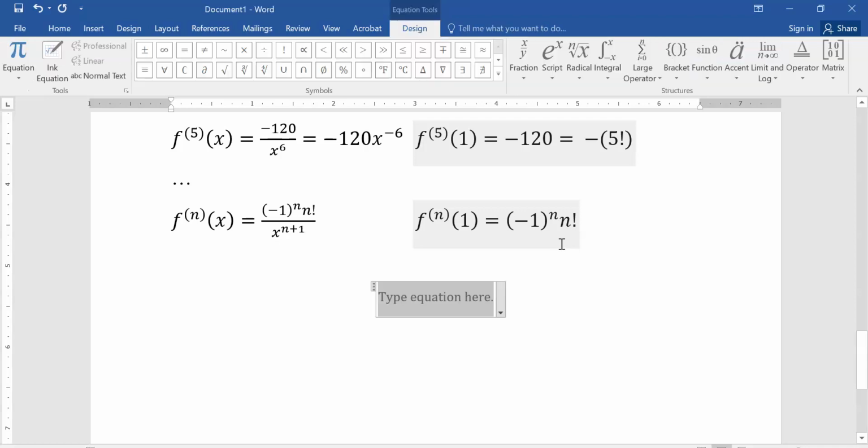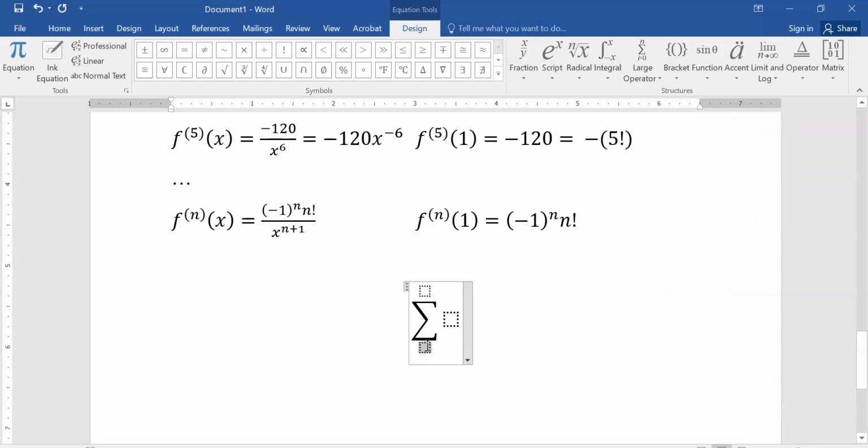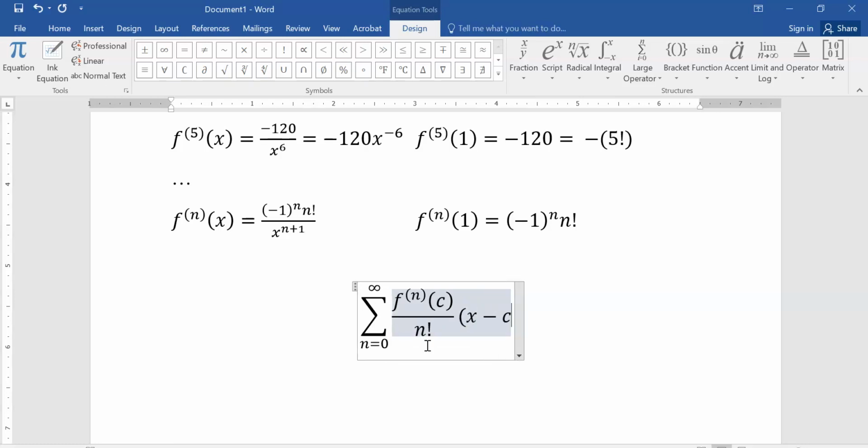Because if you remember, the Taylor series is this infinite sum, n equals 0 to infinity, where we have f to the nth derivative, plug in, whoops, our value for c, divide by n factorial, and then multiply that whole thing by x minus c to the nth power.